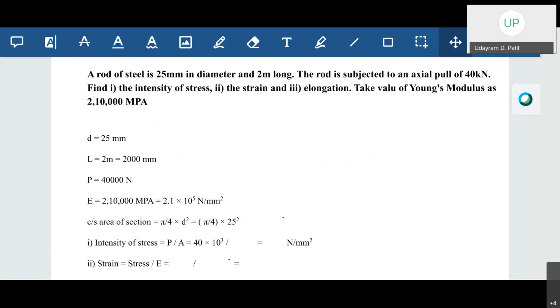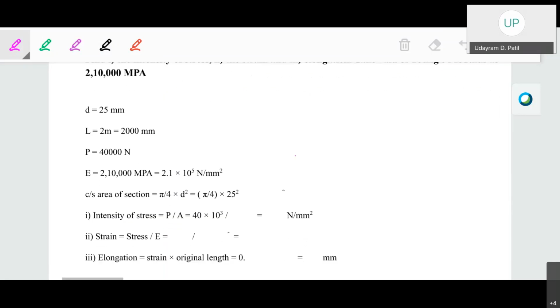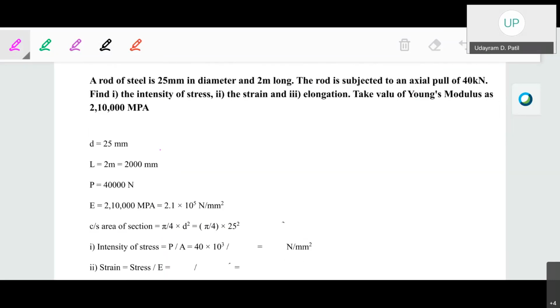Okay, so first calculating the cross-sectional area of the particular section. Now the bar is a round bar, a circular bar. Therefore the formula will be pi by 4 multiplied by d squared, where d is 25 mm, that is the diameter of the bar.